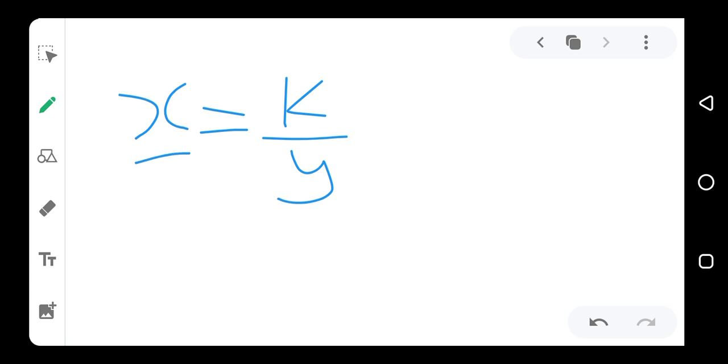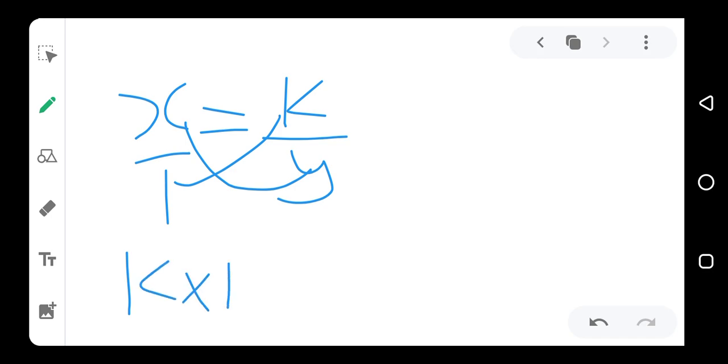From x equal to k over y, anything standing on its own is over 1. So we can still say that x is over 1. So we do cross multiplication. This coming to this and this going to this. So we say that k times 1 is equal to x times y.